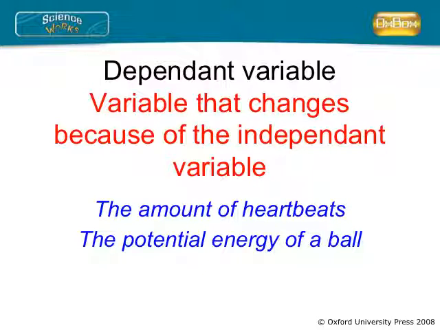Now in your experiment this week, the dependent variable might be the amount of potential energy of the ball. And it might be the amount of strain energy of the ball if you're doing the crater experiment. Okay? So that's your independent, what you change, and your dependent, which is what changes as a consequence.